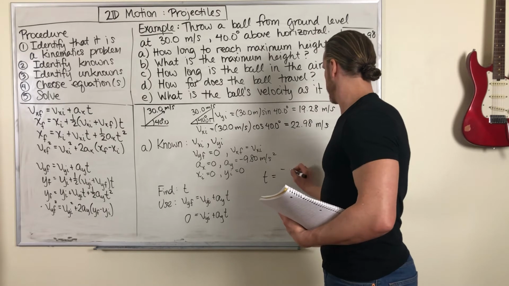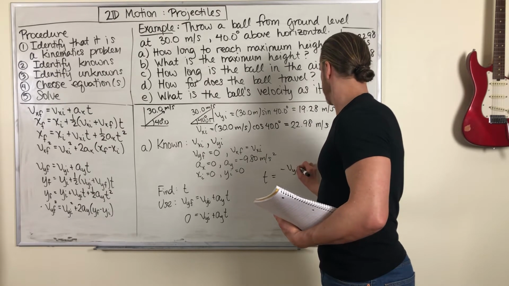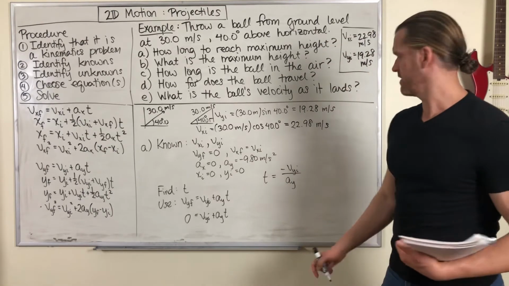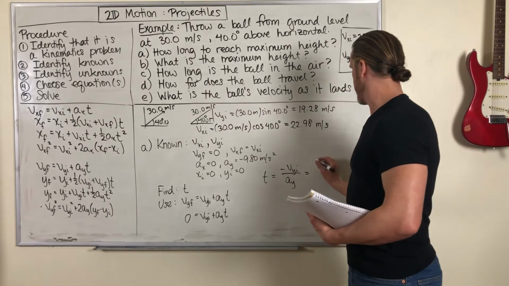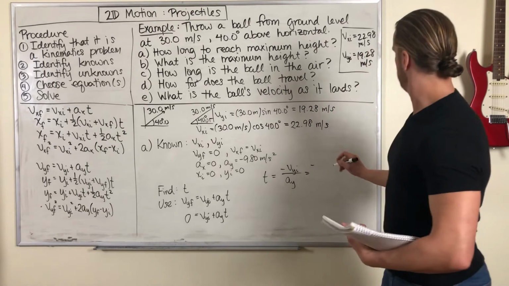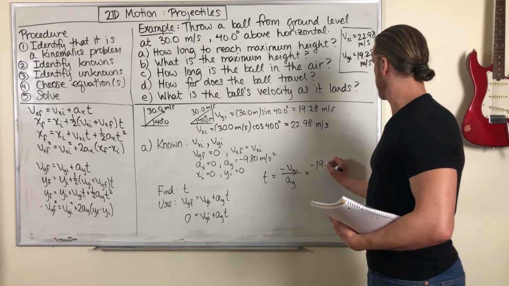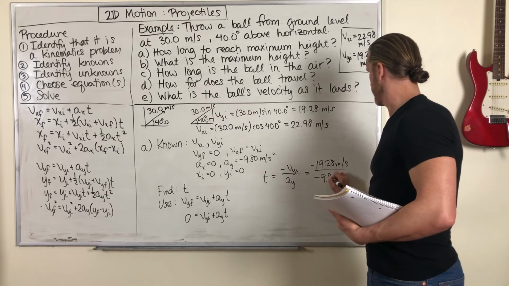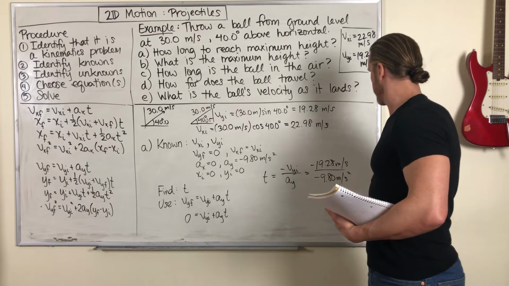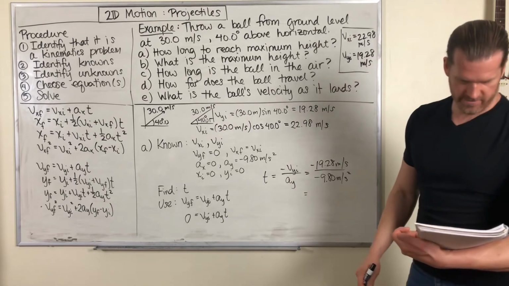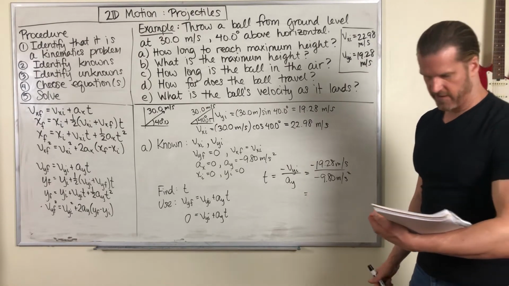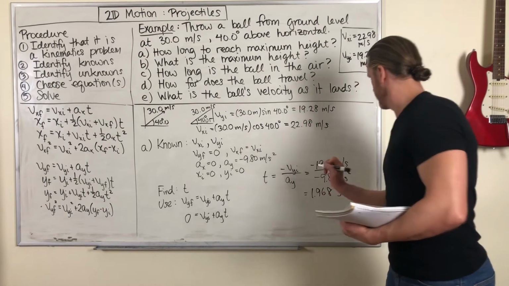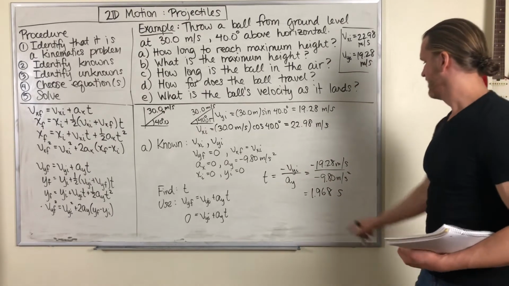T equals minus Vy initial divided by ay. And if we put in those values, negative 19.28 meters per second over negative 9.80 meters per second squared, we find that it takes 1.968 seconds to reach the top.